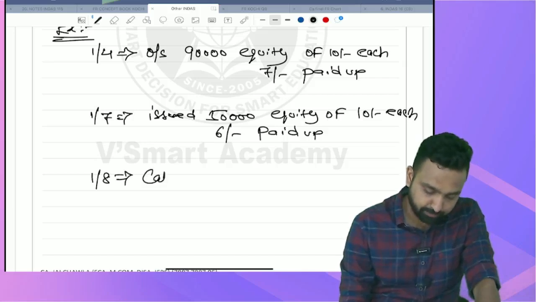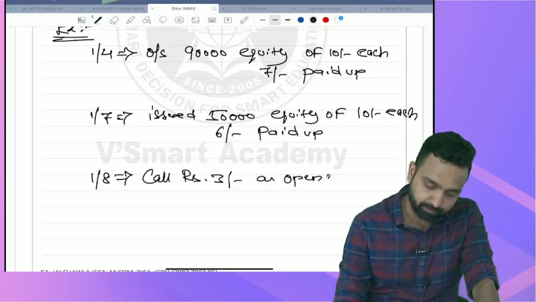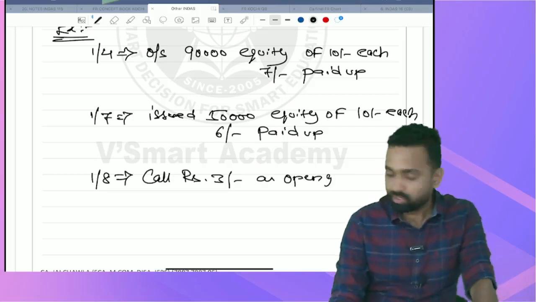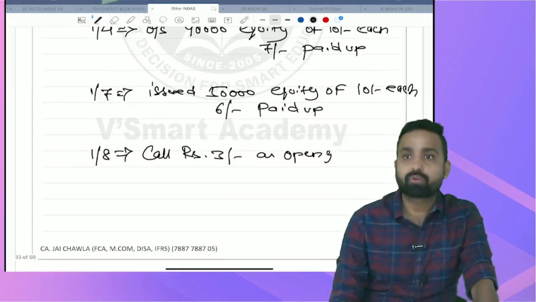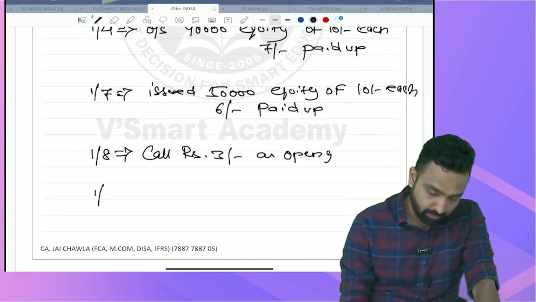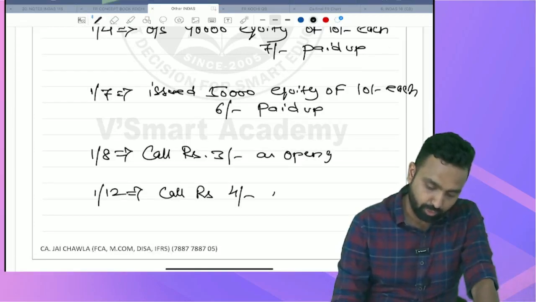On 1st August, call of rupees 3 on opening. On 1st December, call of rupees 4 on issue.